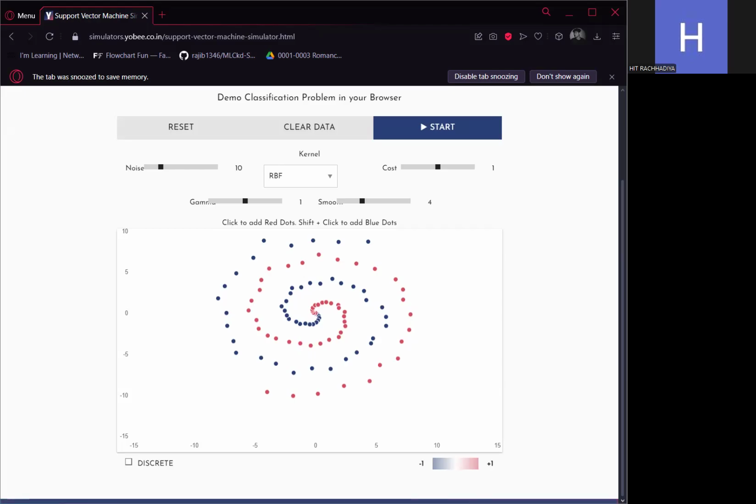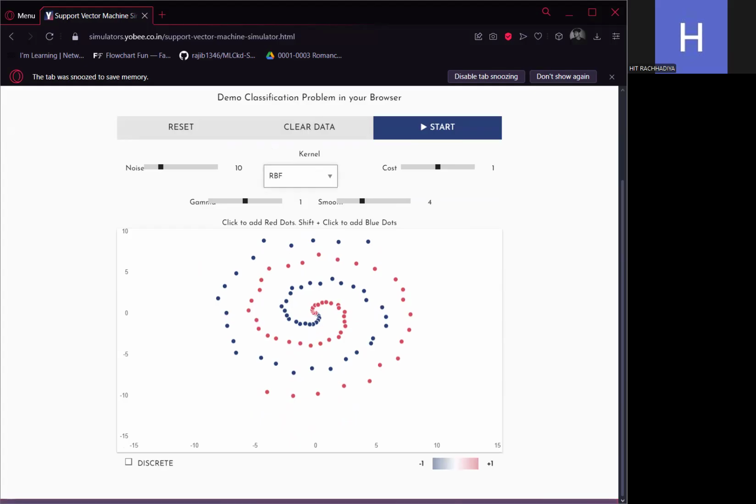In the simulation, you can see one option given, which is kernel. This is basically a function which defines how the SVM algorithm maps the data into higher dimensional space to make it linearly separable.